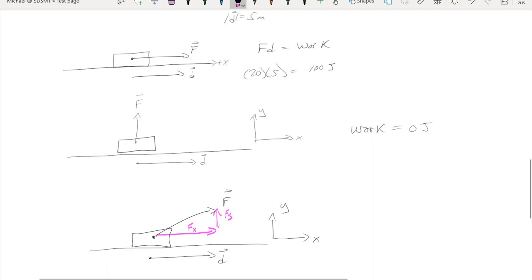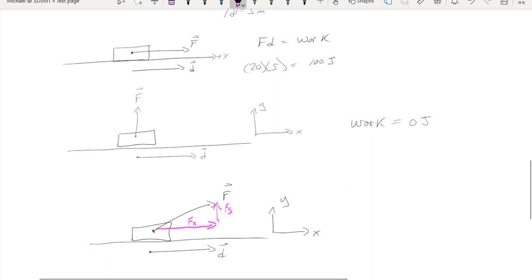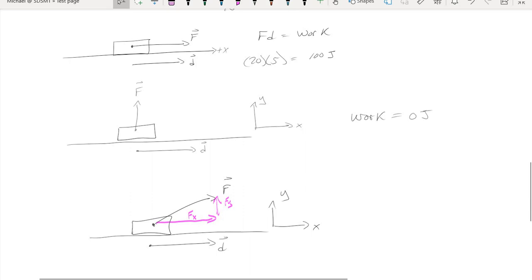We wouldn't expect that to provide any work to us. So in this case, we actually have both of the previous examples showing up together, but it's only that horizontal component of the force that is going to contribute to the work that is being done.